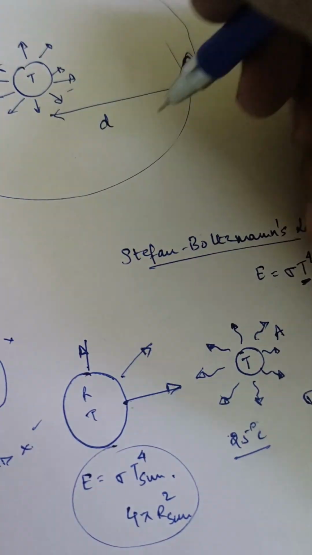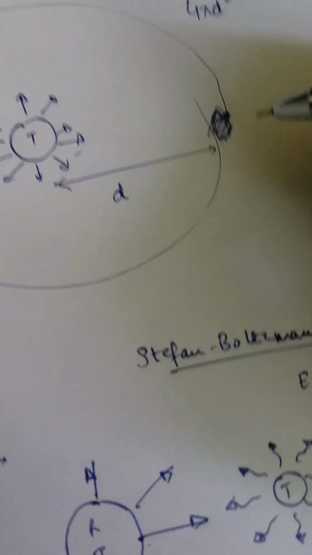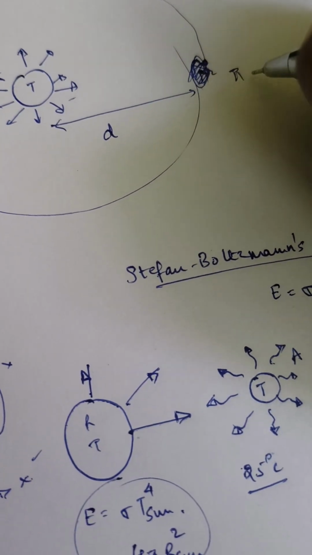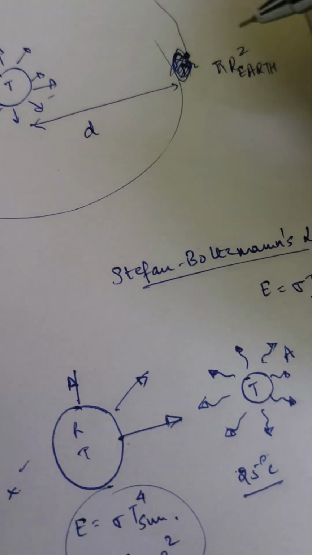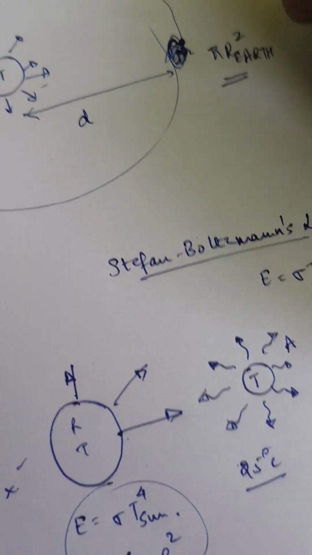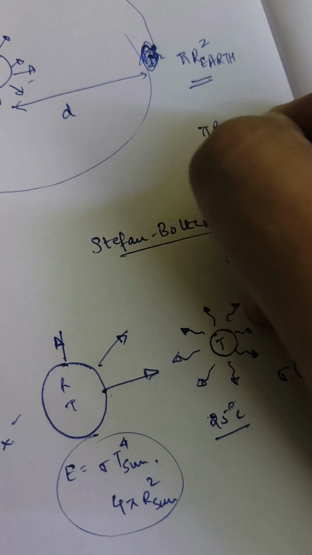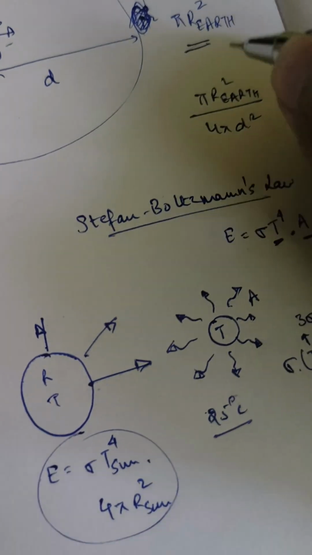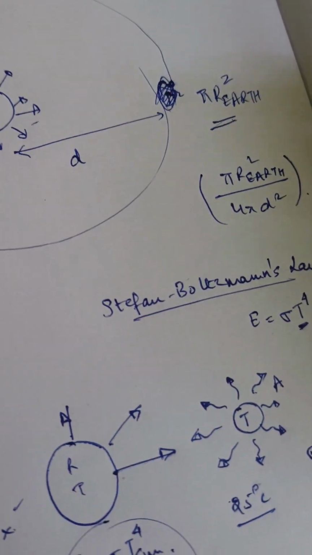The total sphere has an area of 4 pi d squared, and out of that, if the radius of the Earth is r, the patch of Earth is only pi r Earth squared area. So only this portion, pi r Earth squared divided by 4 pi d squared, is the portion of the total heat that Earth is going to receive.